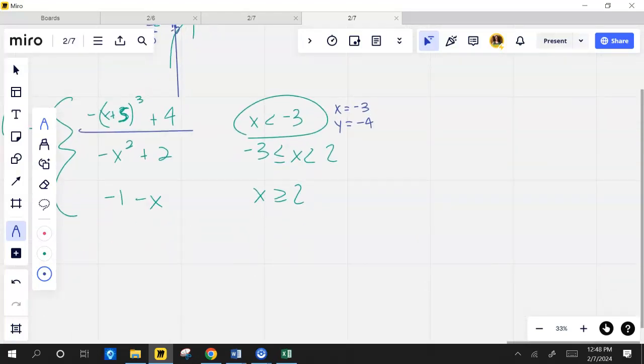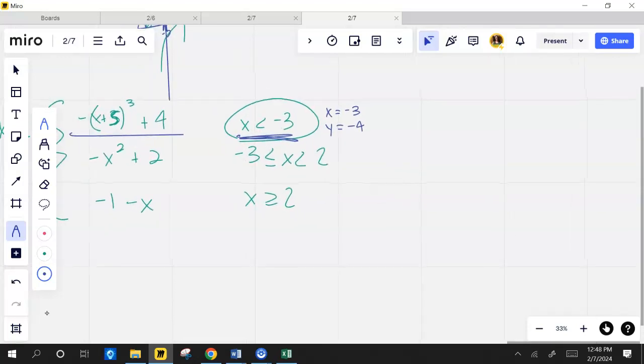We're graphing this piece of this one. I thought this one was the hardest to graph. All right, -3, -4, open dot because it's not included.